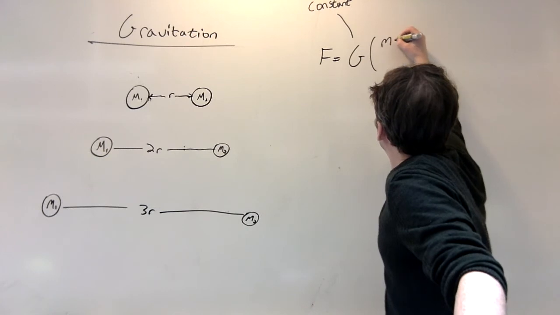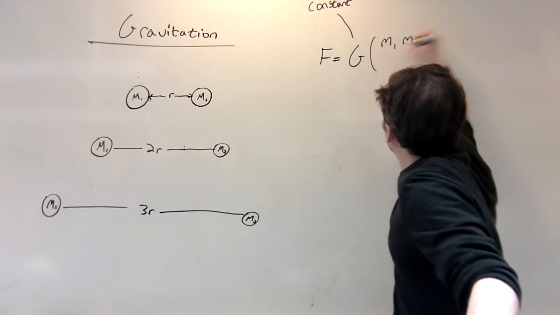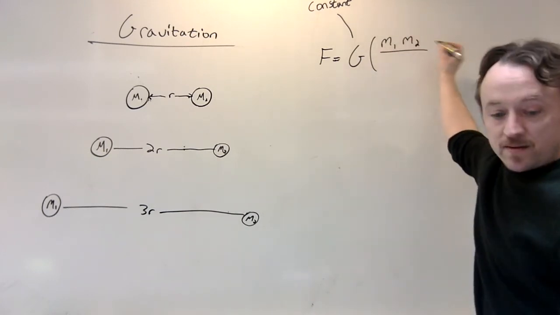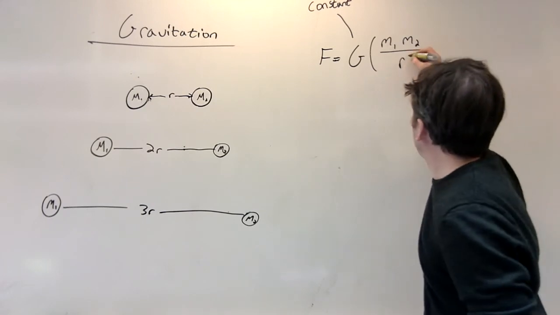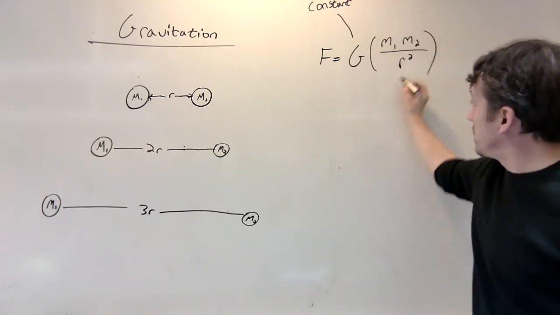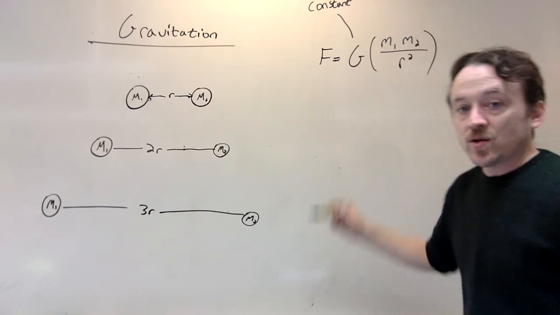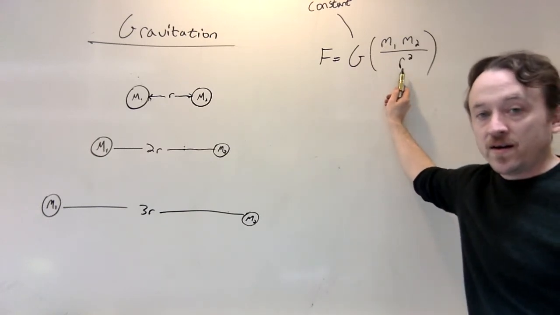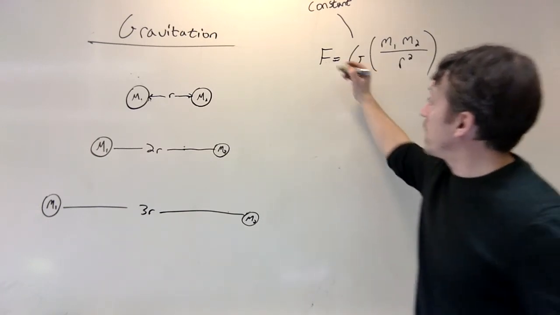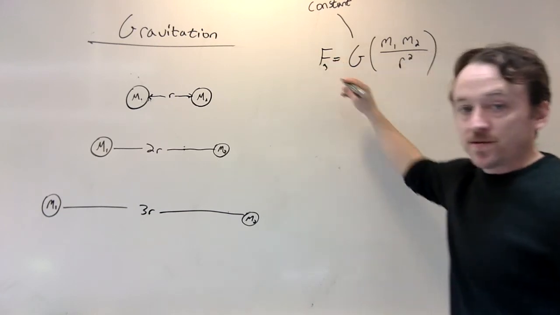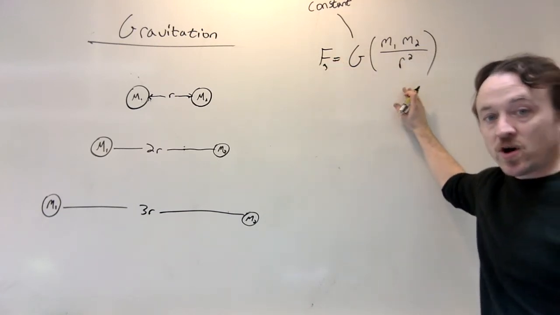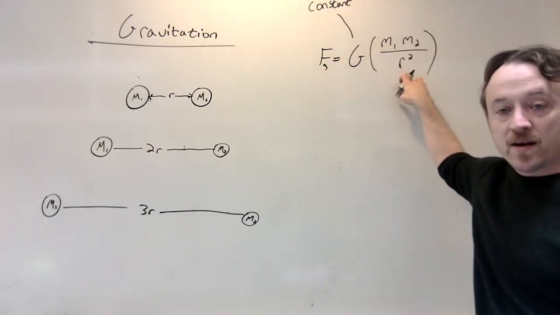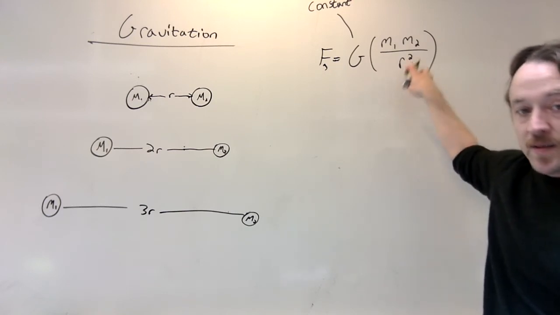So F equals G times m1 times m2, the masses of each object, over the distance squared, this distance r squared. So if I put a bigger number in here, what happens to the force of gravity, which I'll call F of g? It'll get smaller, because I'm dividing by a bigger number. The bigger the r gets, the bigger the number I'm dividing by.